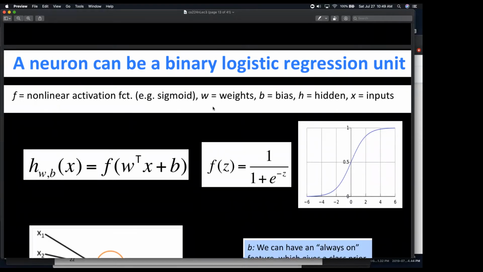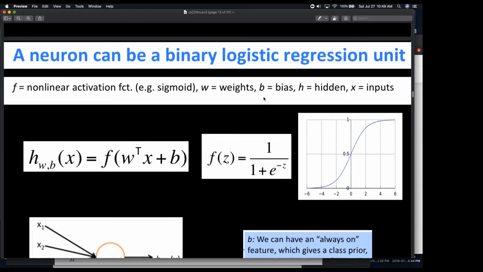Cool. So let's jump into a single neuron, which you can use to do binary logistic regression, trying to do something like true or false, positive or negative. New terms coming in here: F is a nonlinear activation. This introduces a nonlinearity in your model, which is super important. W are the weights, B is the bias.